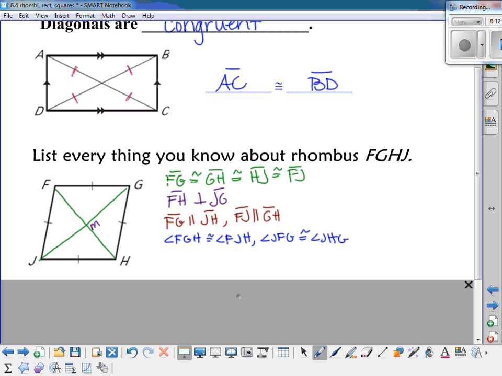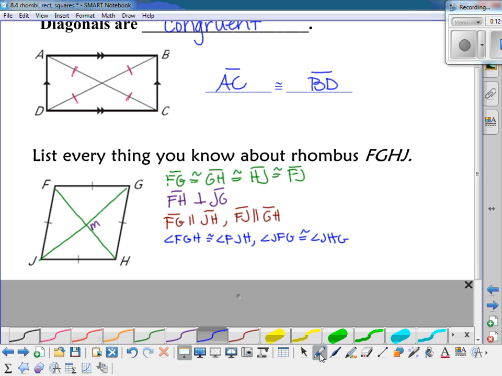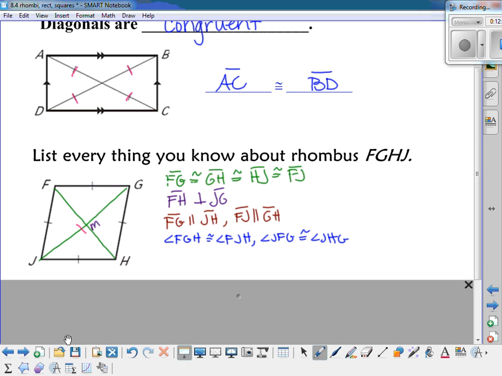And then, because it's a rhombus, I also know that all of these angles here are right angles. So angle FMJ, angle JMH, angle HMG, and angle FMG are right angles.